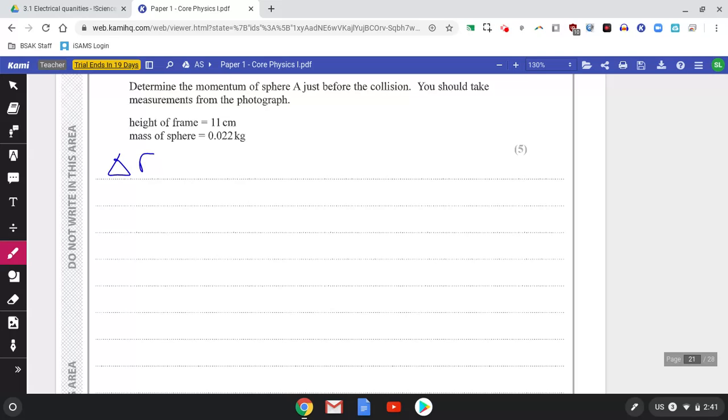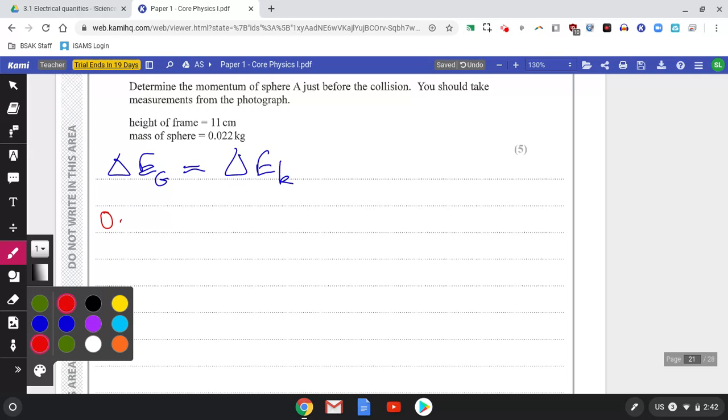Okay, so potential energy, we've got the mass, 0.022 is the mass. g is 9.81 times 6.6 times 10 to the minus 2. So that's the loss in GPE.